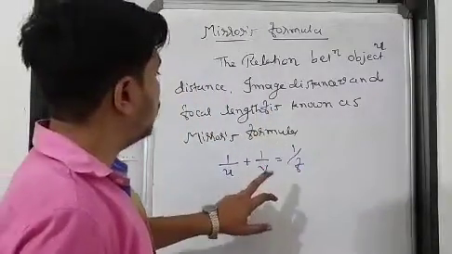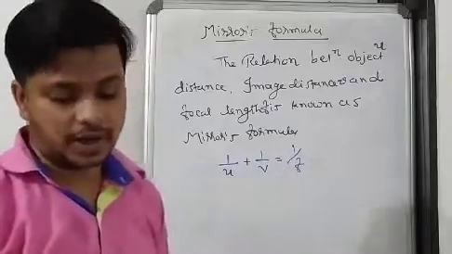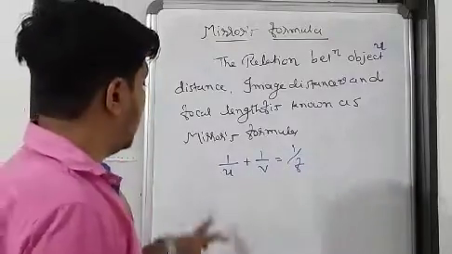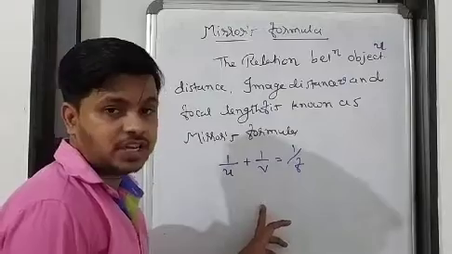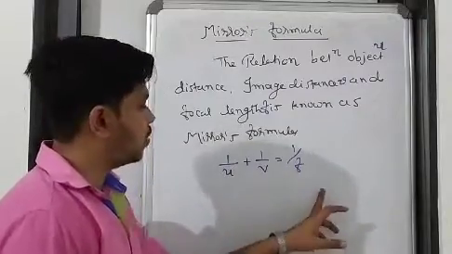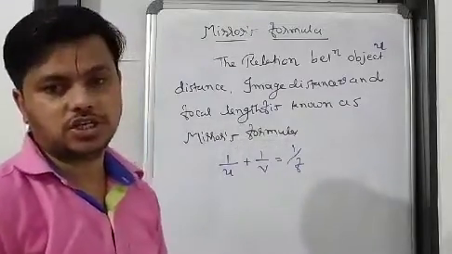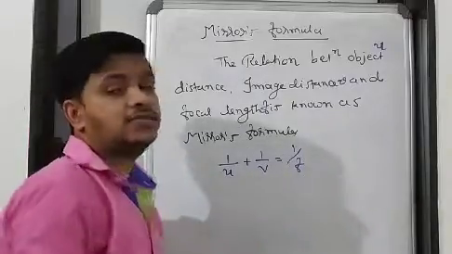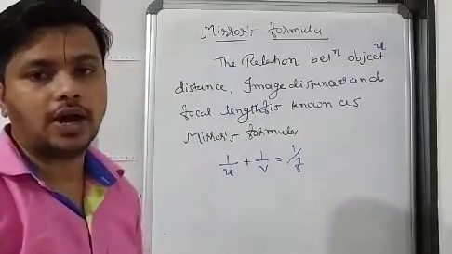If you want to write this formula in words, then you have to take the reciprocal of object distance and the reciprocal of image distance. The addition of both of them gives you the reciprocal of focal length.